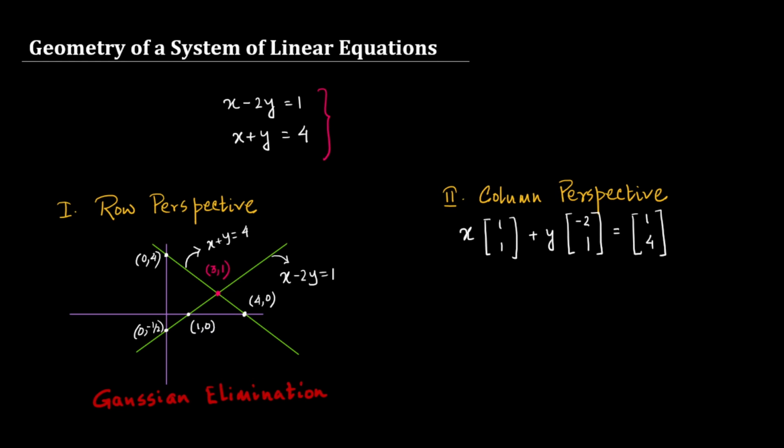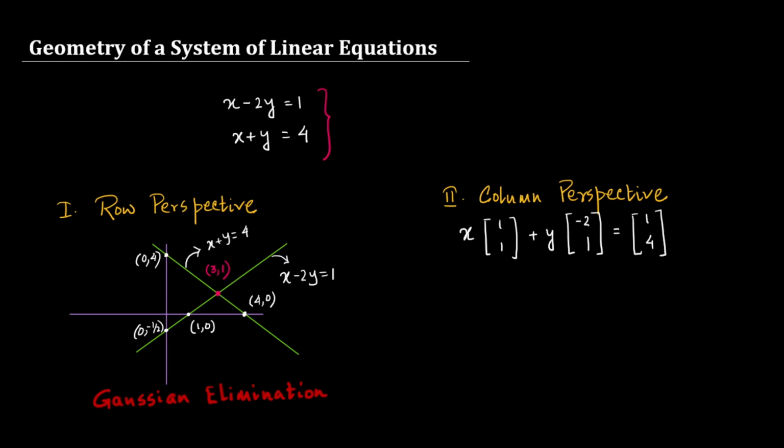Now, from this perspective, the problem can be treated as finding the combination of the column vectors 1, 1 and minus 2, 1 on the left side that produces the vector on the right side.